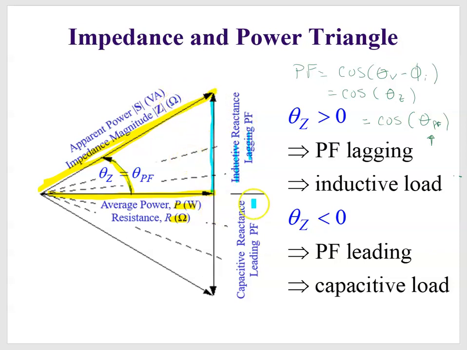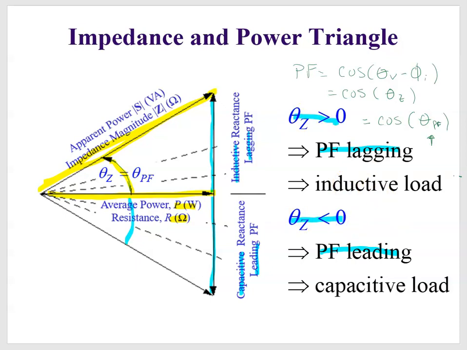If we have a capacitive load, then we have a leading power factor, then our angle is negative, and our triangle is in quadrant 4. So key things to remember: power factor leading or power factor lagging. Power factor lagging is if our impedance angle is greater than 0. It's leading if our impedance angle is less than 0.